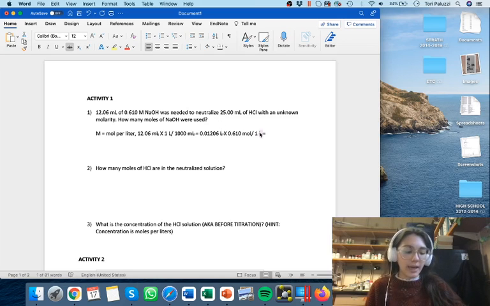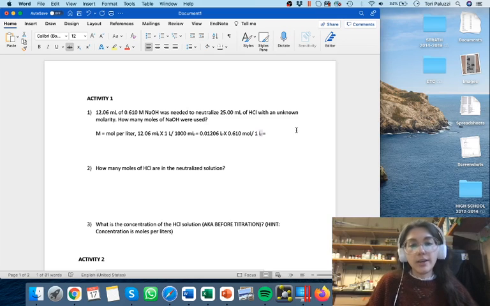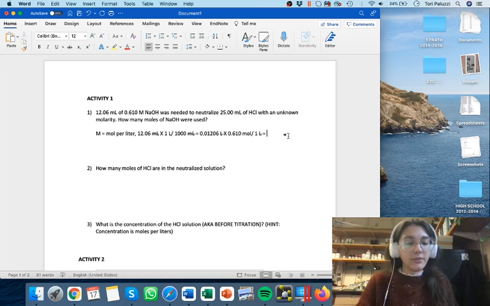So then I'm going to pull out my calculator, and I'm going to do 0.01206 multiplied by 0.610, and I get, with sig figs, because we have 4 significant digits, 7.357 e to the negative 3 moles, and that's of my sodium hydroxide solution.